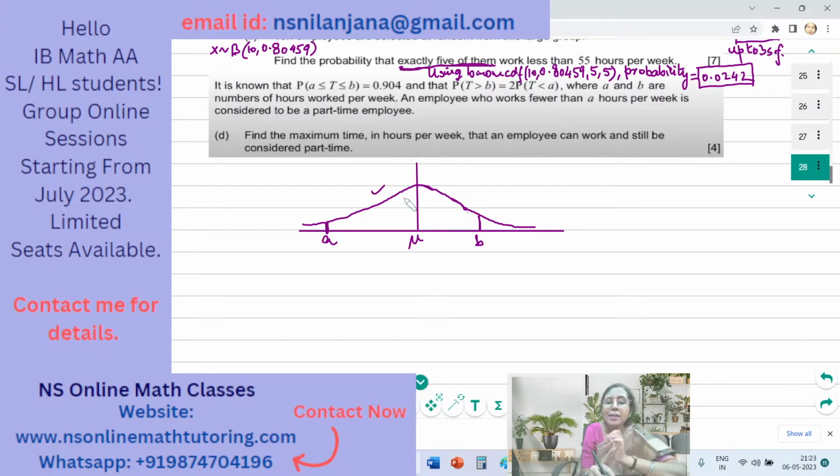The left side is 0.5, the right side is 0.